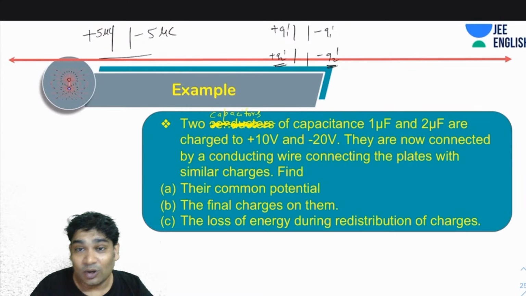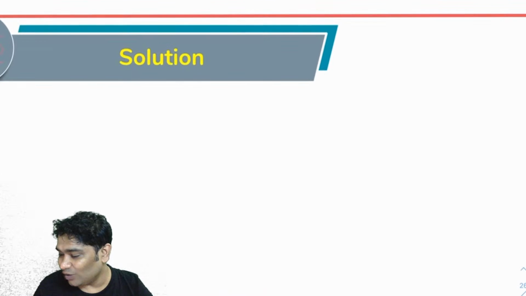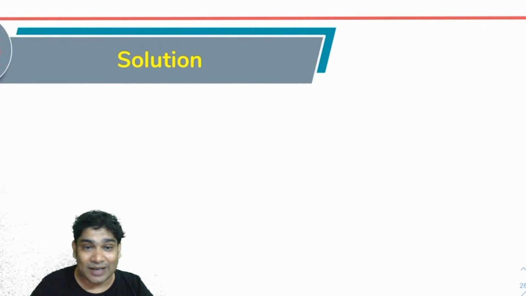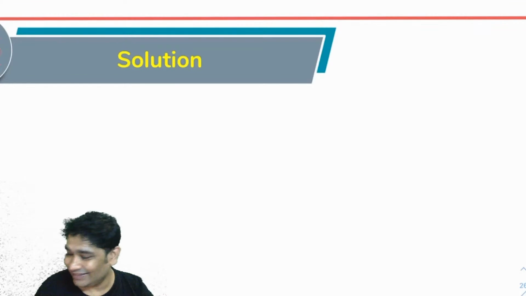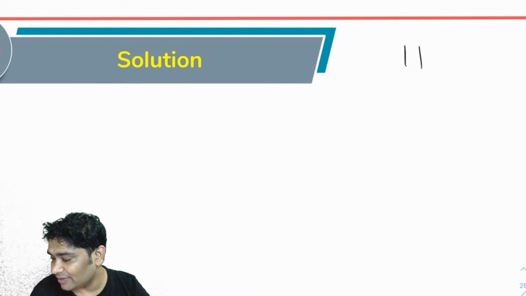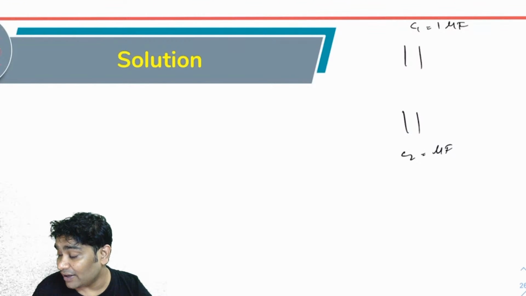Okay, let's see what Mahendra did. So you have two capacitors of 1 microfarad and 2 microfarad. So here C1 equals 1 microfarad and C2 equals 2 microfarad. And what was V1?